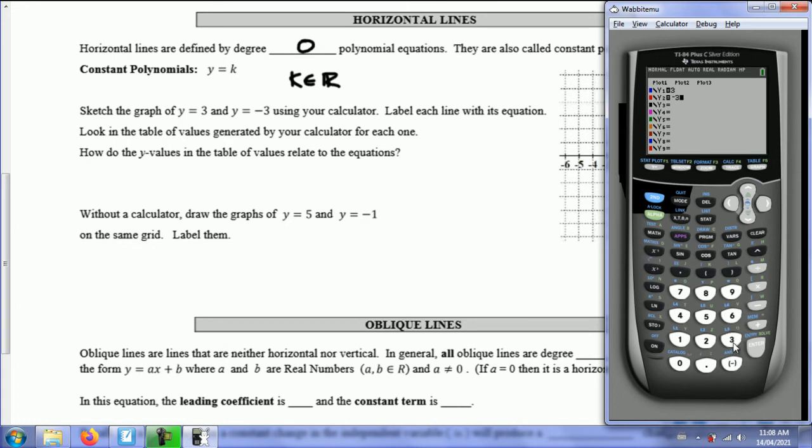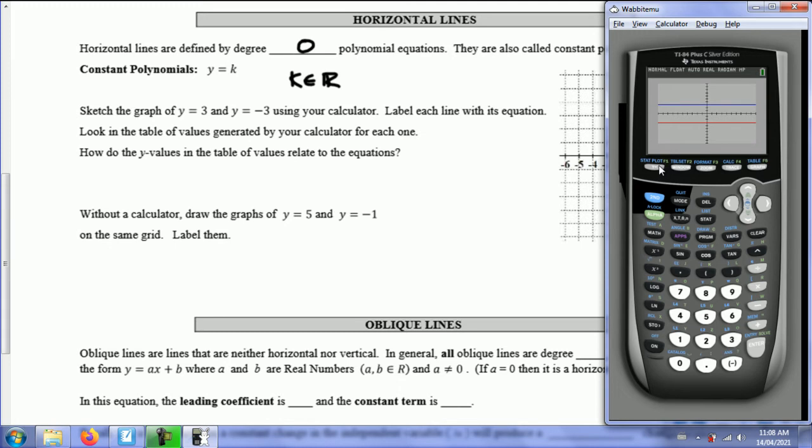If you have just a regular TI-84 Plus, you obviously won't have these colors, but it's basically the same kind of experience. So there's the line y equals 3, and there's the line y equals negative 3 in red.